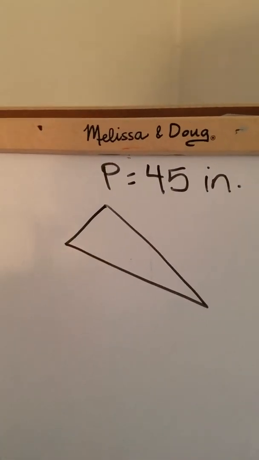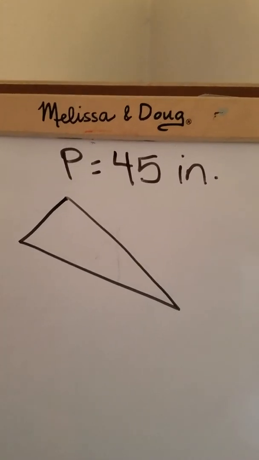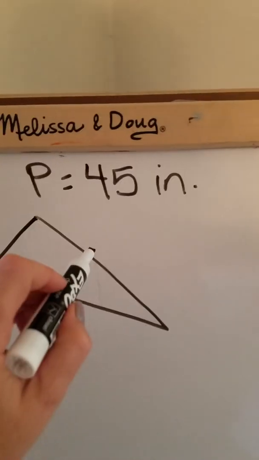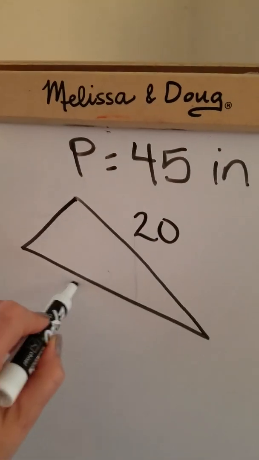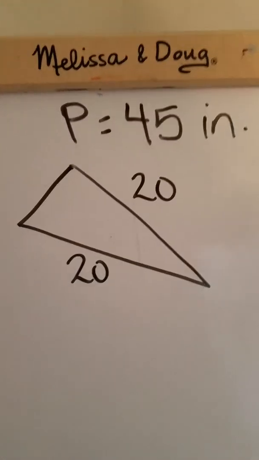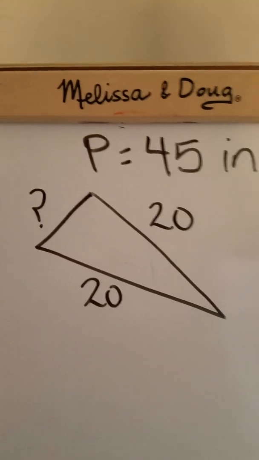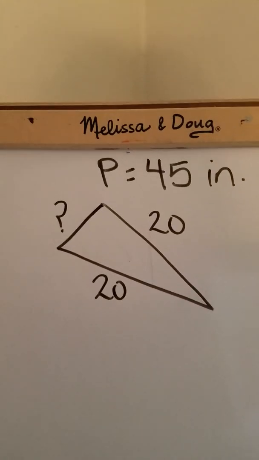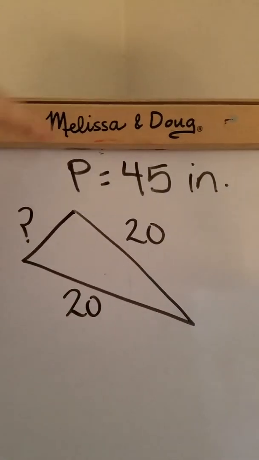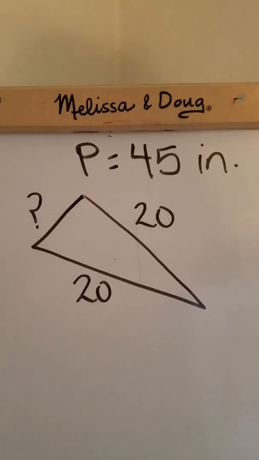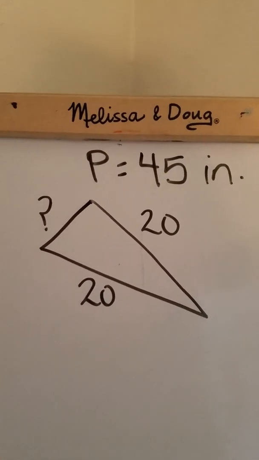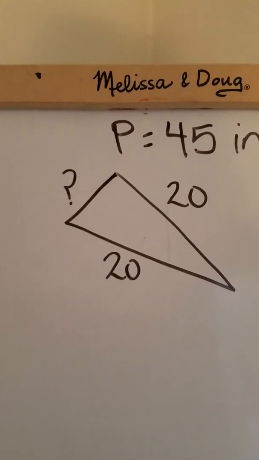And I know that 2 of my sides are each 20. Okay? And I want to know what this missing side length is. Now, on a task card, it would not have had this picture here, and we would be expected to draw that picture and label it. Because if you don't draw it and label it, sometimes it's hard to visualize, okay?